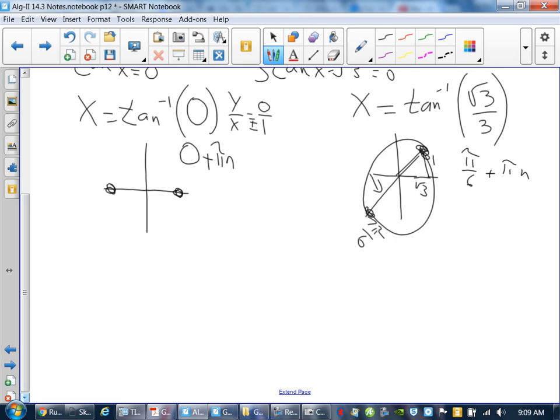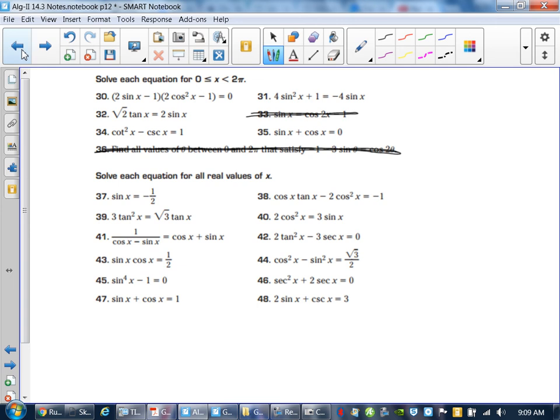What I'd like you guys to try and work through on here is, we can skip that one and this one. This is the same thing here.